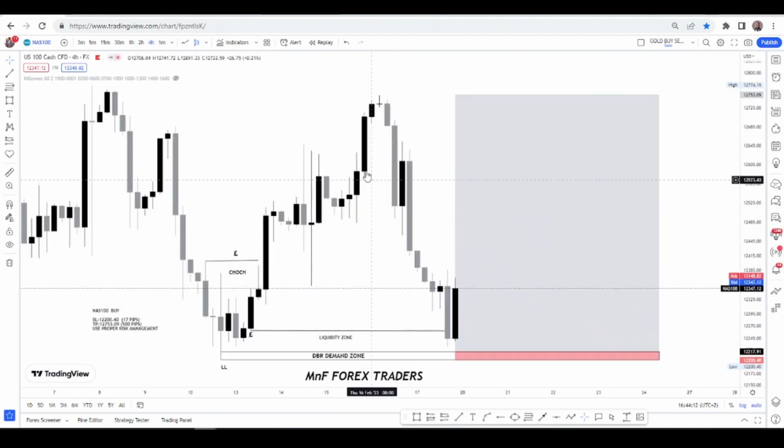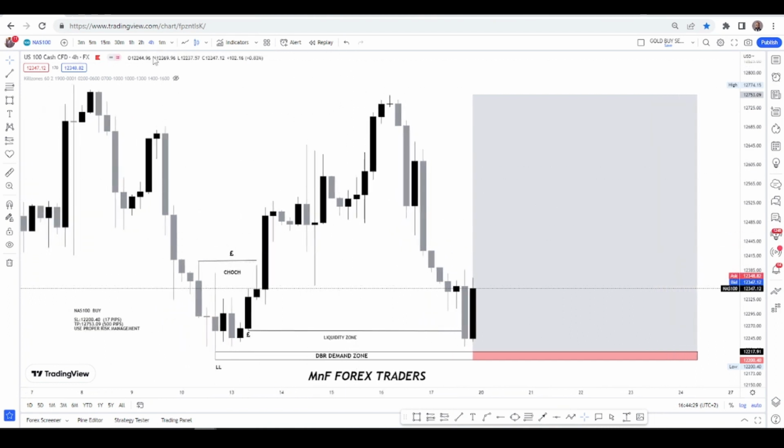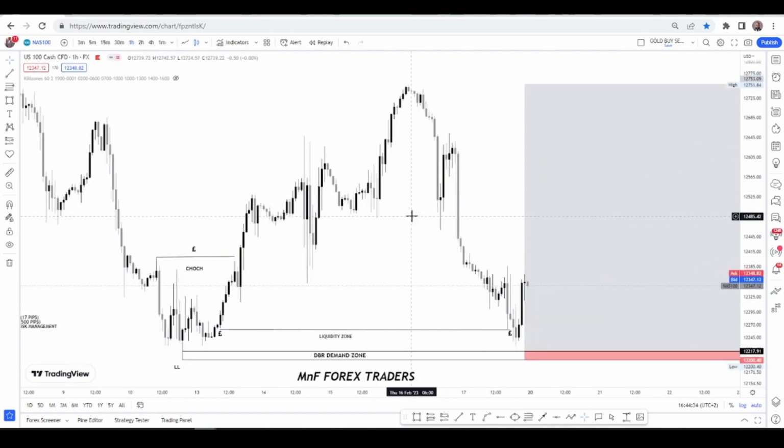On the 4-hour time frame, we can clearly see that we have a drop base rally, with a break of the previous high right there, which confirms what? Change of character. And then on top of that, if you now drop to the 1-hour time frame, you're going to see something significant here.